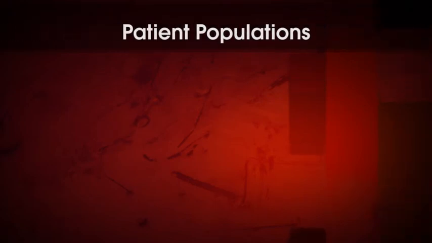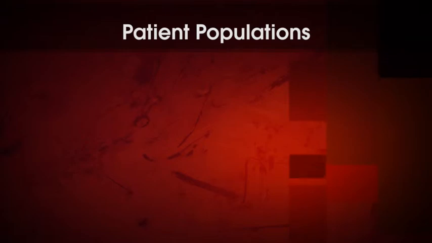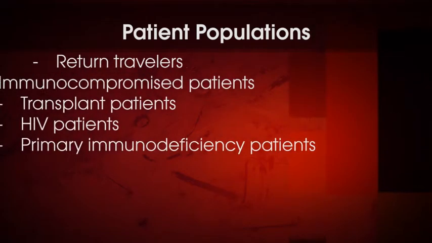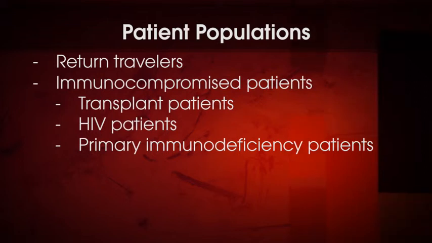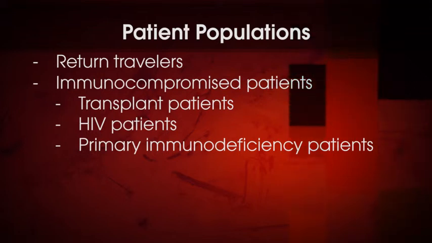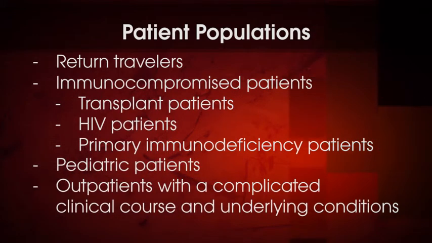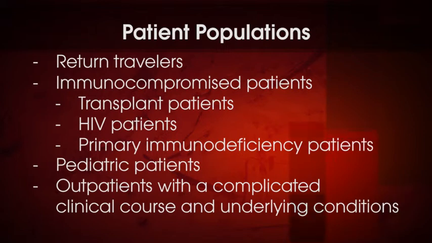There are several groups of patients who could predictably see clinical benefit from molecular GI parasite testing. These groups include return travelers, immunocompromised patients, including transplant patients, HIV patients, and primary immunodeficiency patients. Also, pediatric patients, outpatients with complicated clinical course, or underlying conditions.